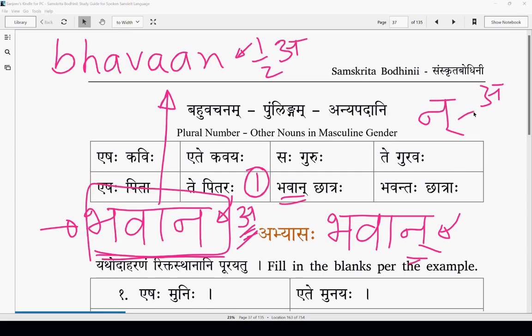If you don't add it, it is not going to come out, and your tongue is going to be stuck there. So that's why this half is important there. Half or quarter, bhavan, Bhavan Chhatraha.